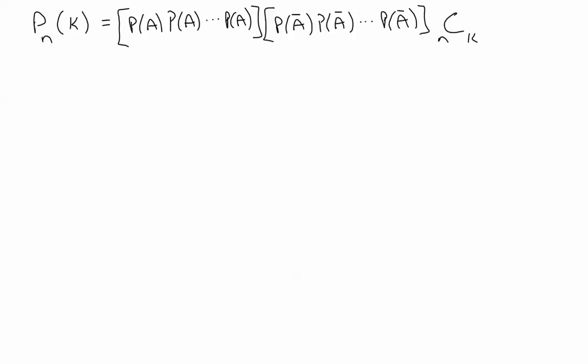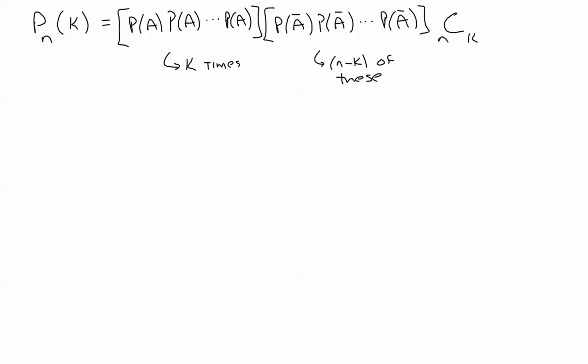I've got event A occurring K times, K of those, and I've got N minus K of these, and I multiply.